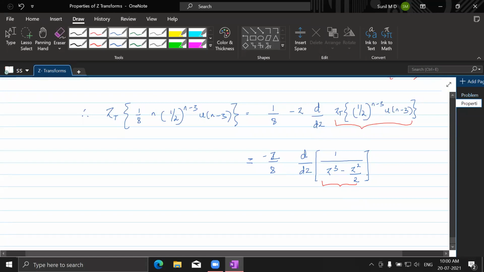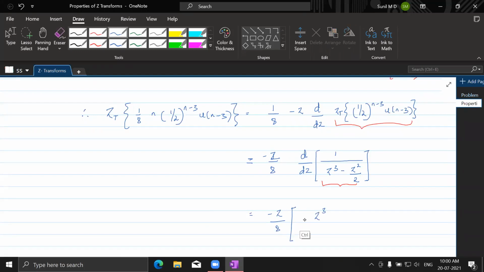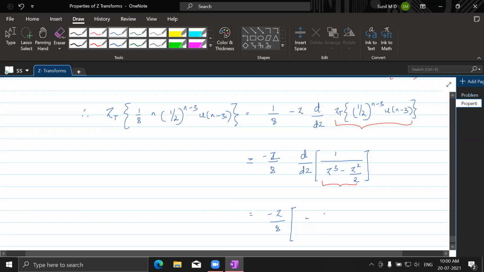So that minus z by 8 is always there, into differentiation of this, which is given by minus 1 by z cube minus z square by 2 whole square.